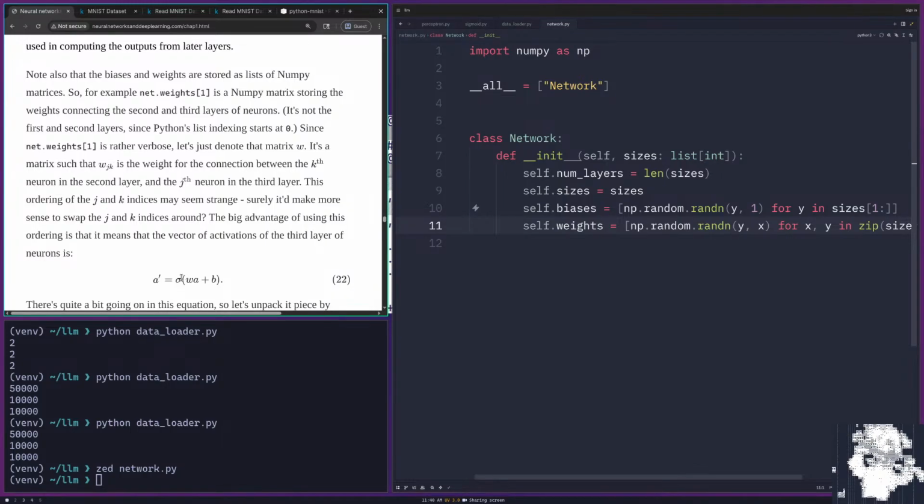But here the output is going to be a vector, and we're doing one sigmoid per entry in the column vector. So sigmoid of W times a. What is W?